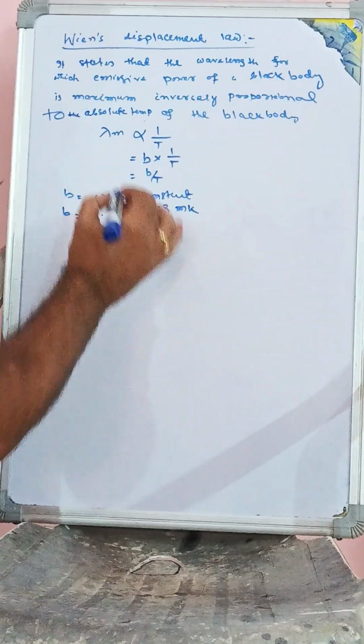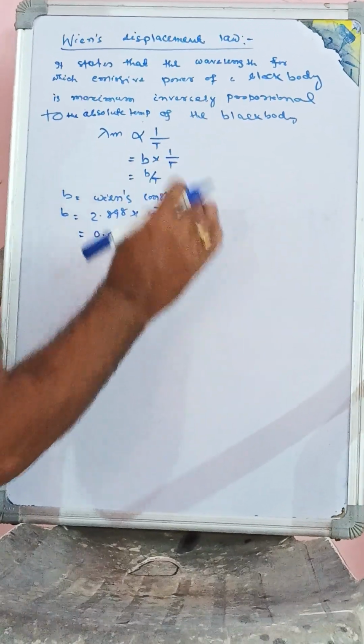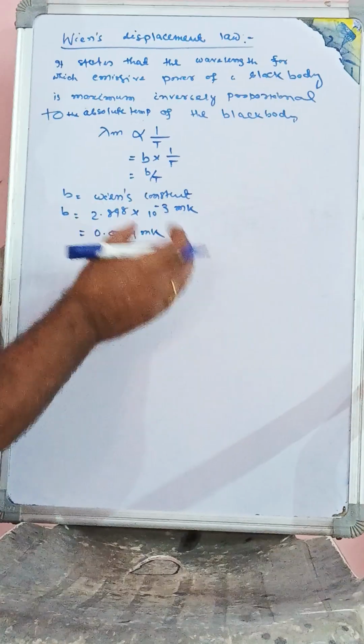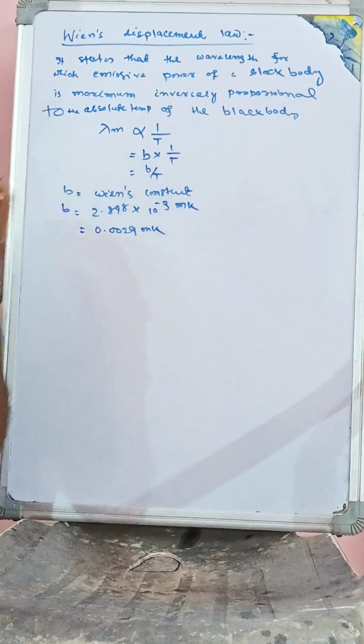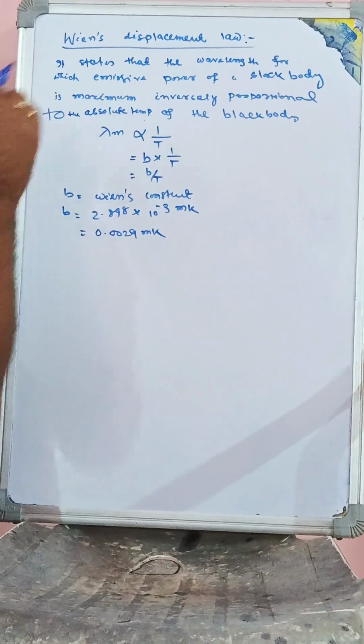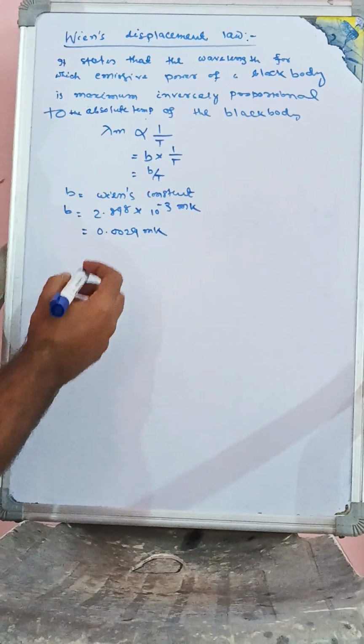When lambda m increases, the temperature decreases, and when temperature increases, the wavelength decreases in Wien's displacement law.